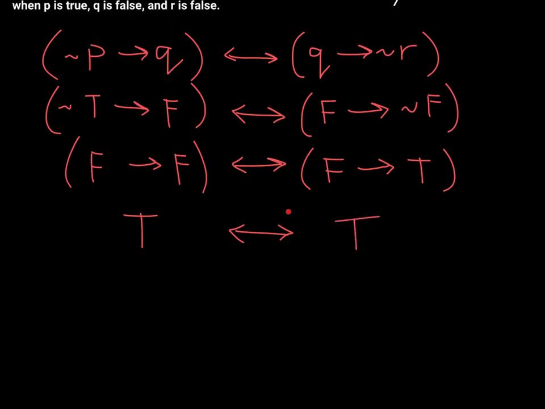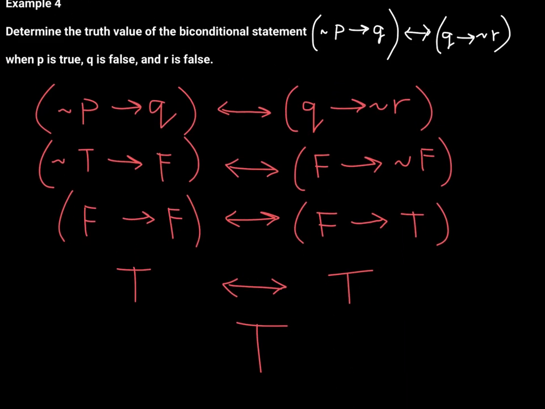And now, the big reveal, the final answer. The biconditional statement like this is true as long as you have the same truth value, either both true or both false. Of course, in this case, they're both true, so the final answer is true. This biconditional statement right here that they gave us is true when P is true, Q is false, and R is false.